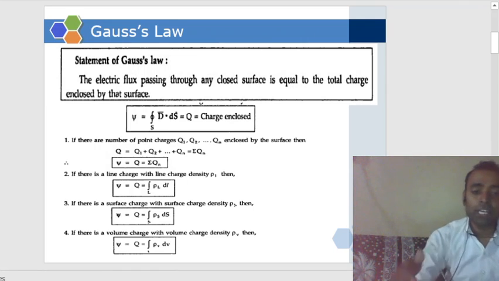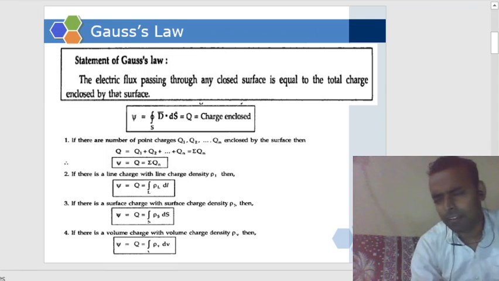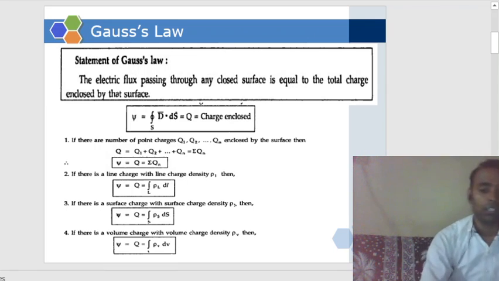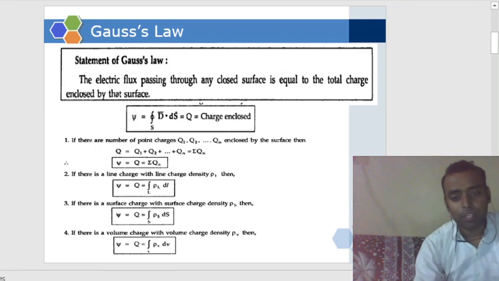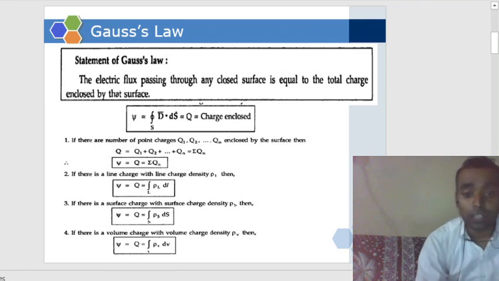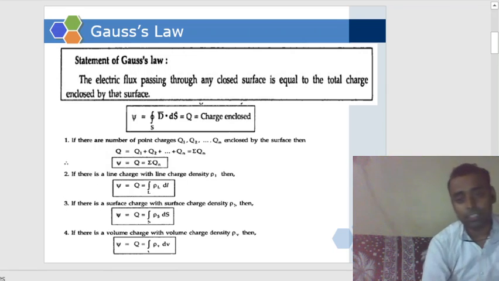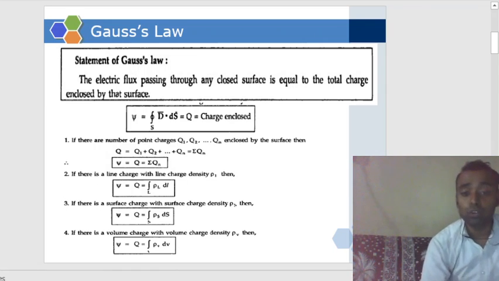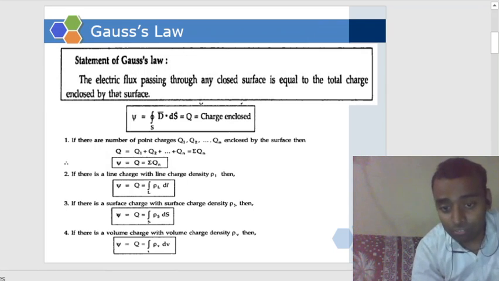So we can equate all of those things. The charge can have any distribution, whether point charge, line charge, surface charge, or volume charge. We can write the surface integral of D dot dS is equal to Q, in the form of point charge. The surface integral of D dot dS is equal to the line integral of rho L dl, in the form of line charge.